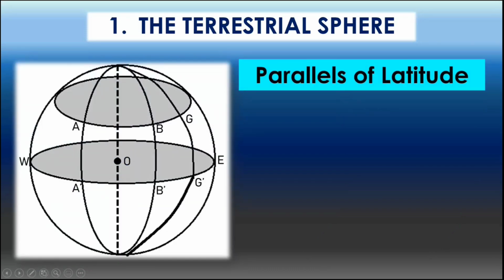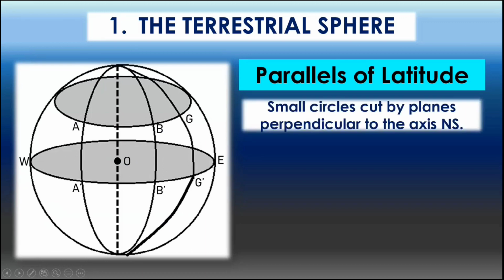Next, we have the term parallels of latitude: small circles cut by planes perpendicular to the axis NS. When we say NS, it is the north and south poles. From north to south, you can see this broken line; this is actually the axis.